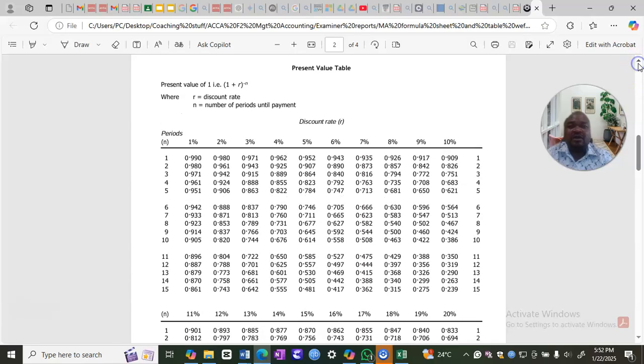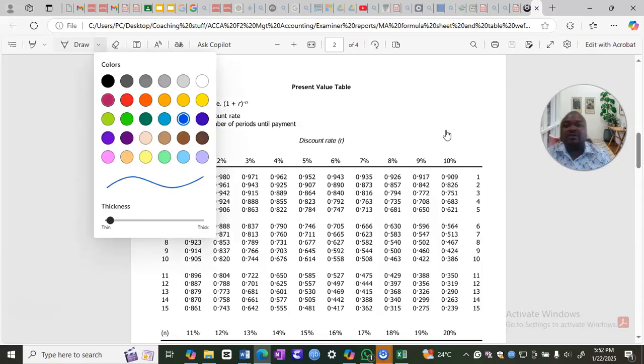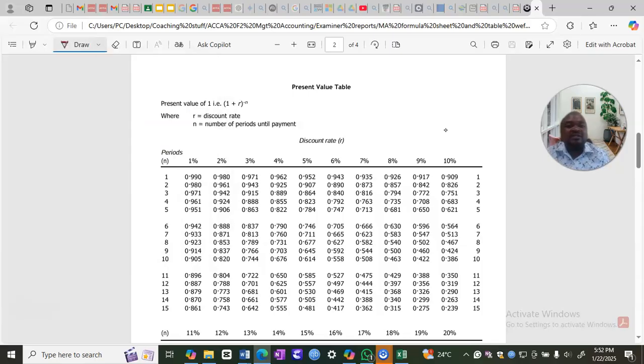So we want to calculate present value. So you go to the present value tables. All right. So in this case, we are told that the cost of capital was 10%. Okay. And these are the years we need: year 1, year 2, year 3, year 4, year 5.